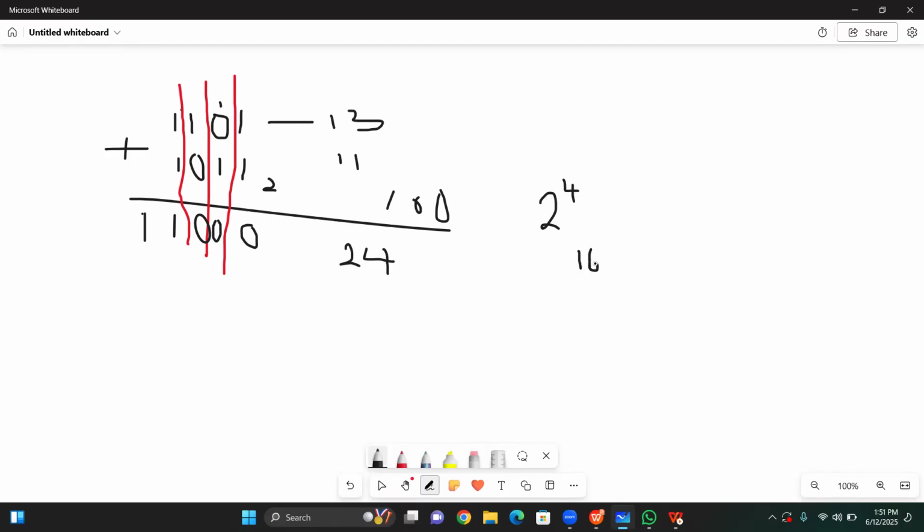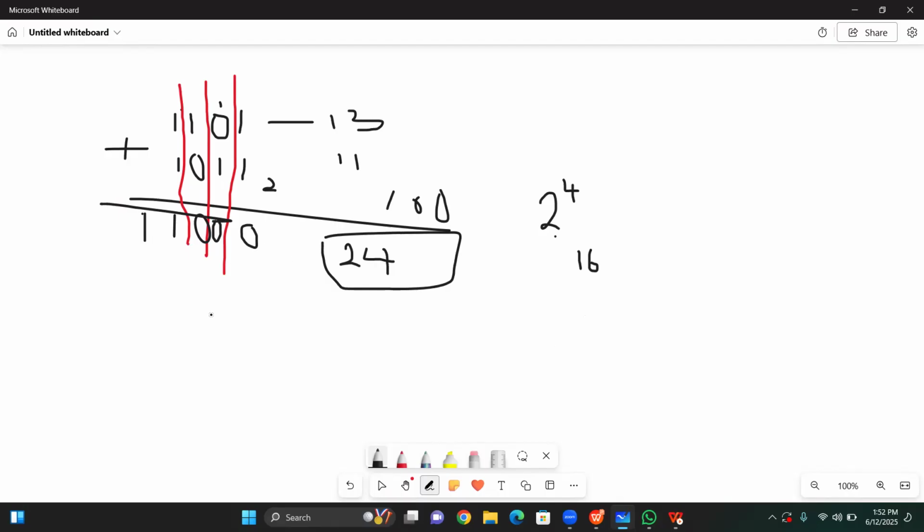That means 4 bits can only represent the maximum of 0 to 15. I mentioned this in the previous session. So our result is 24, and we cannot use 4 bits to represent 24. What we can use to represent 24 is 5 bits. And that is why we are having an extra bit here.